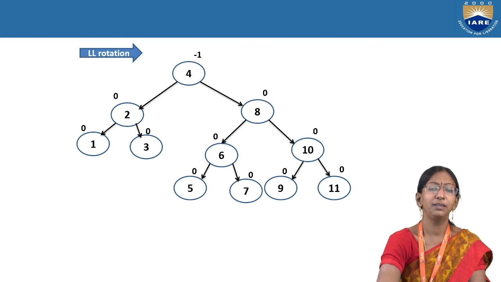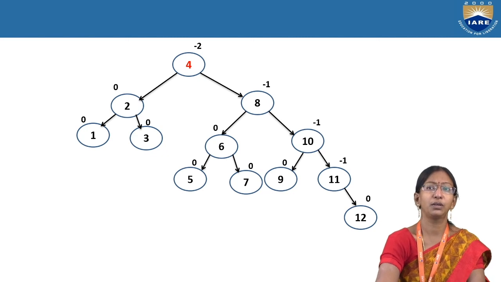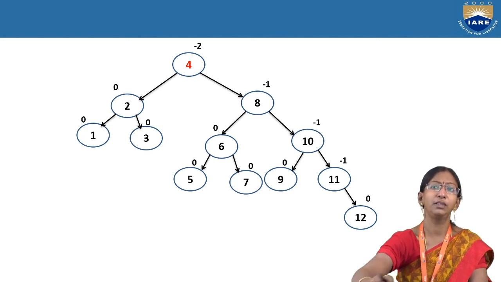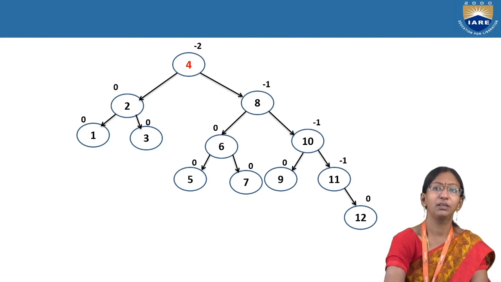Okay, so to balance a binary search tree, more precisely if you see. If you insert 12, the root node got imbalanced. All the remaining nodes are happy, only the root got imbalanced. Have a look at that one. If you pull 4 towards left, 8 is going to become top.